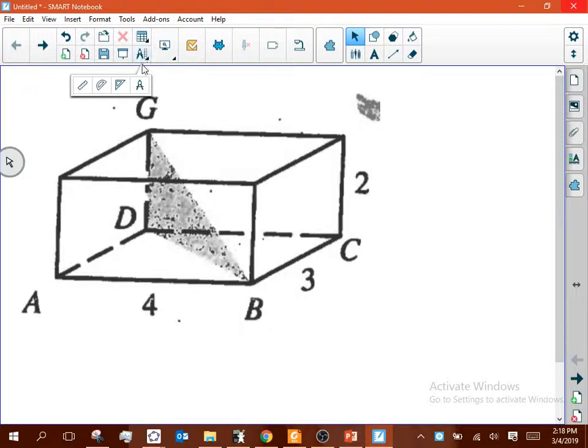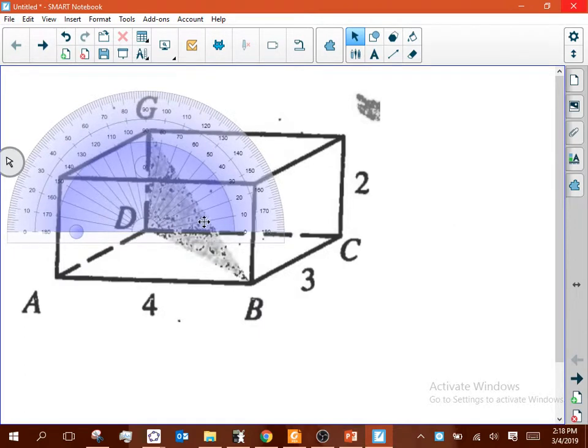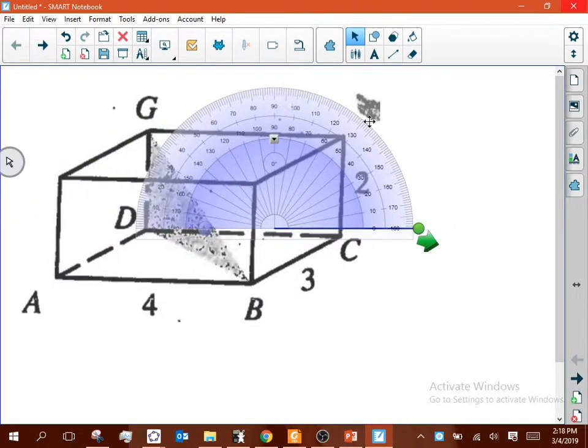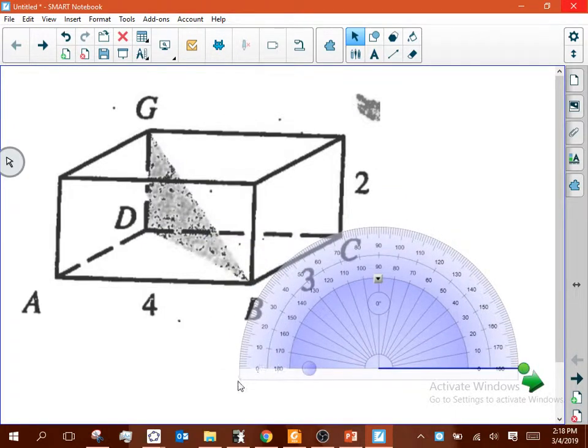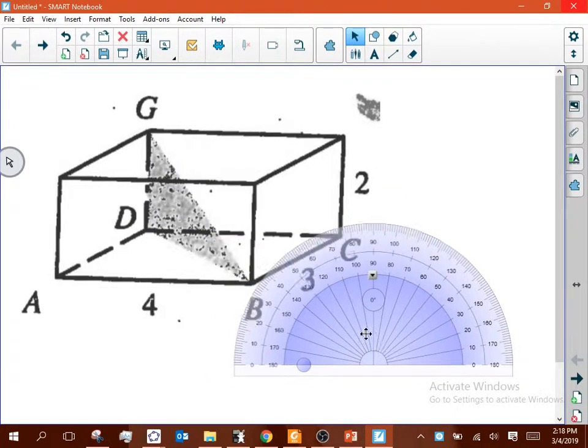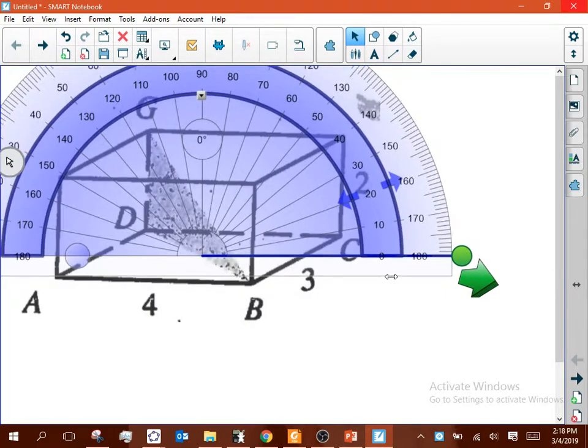If I put a protractor on top of this thing, I don't know if I can make that protractor bigger. There we go.